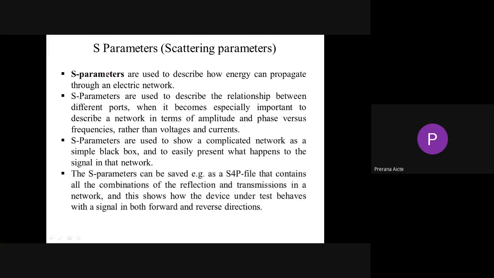Now, the S parameters can be saved as an S4P file. While simulating these parameters or the S box using MATLAB or Python programming or any language, you have to save the output as an S4P file that contains all the combinations of reflections and transmissions in a network. The reflection coefficient, forward or reverse, of a transmission line you have to define from these S parameters.